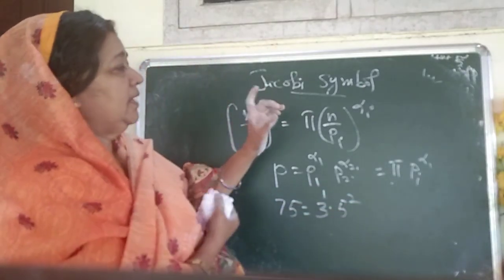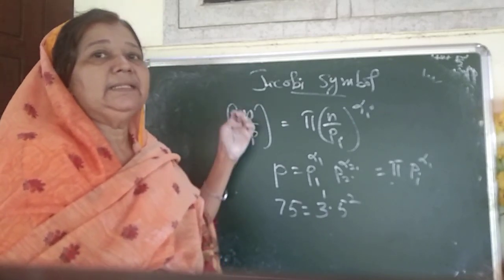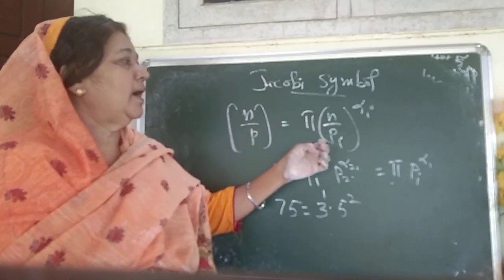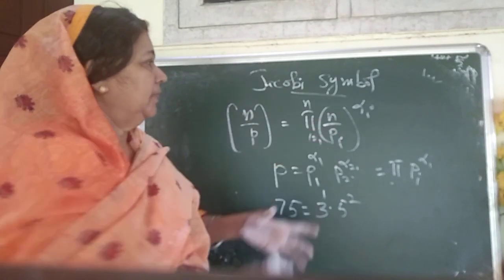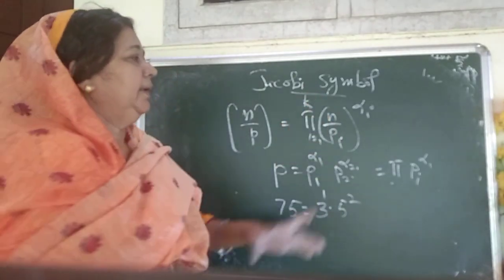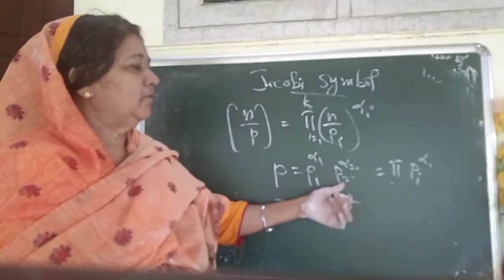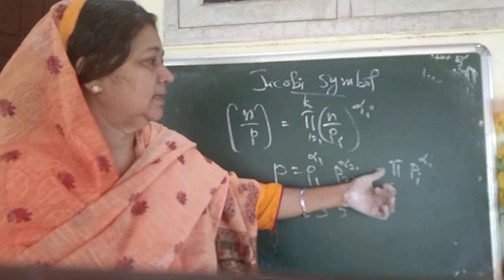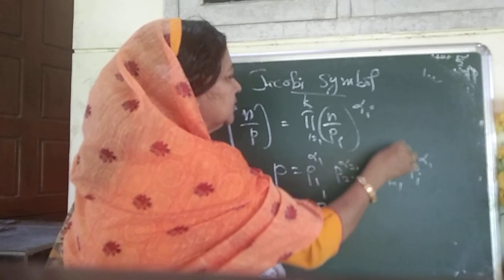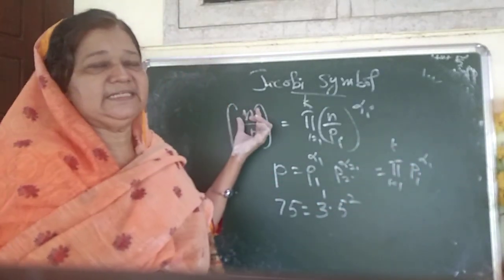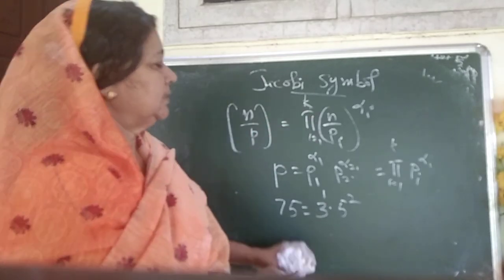So in the Jacobi symbol, we assume that P is not a prime, P is an odd integer, where P is equal to p1 raised to alpha 1 into p2 raised to alpha 2 into etc., pk raised to alpha k. Then the Jacobi symbol states that n by P is equal to the product for i equal to 1 to k of n by pi, the whole raised to alpha i.